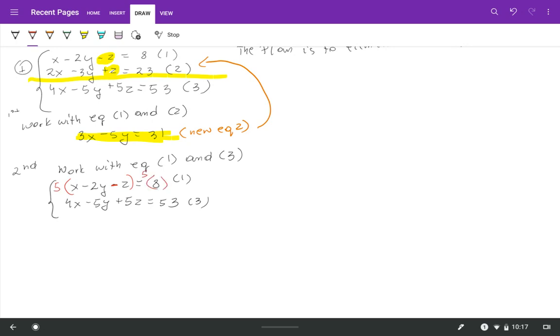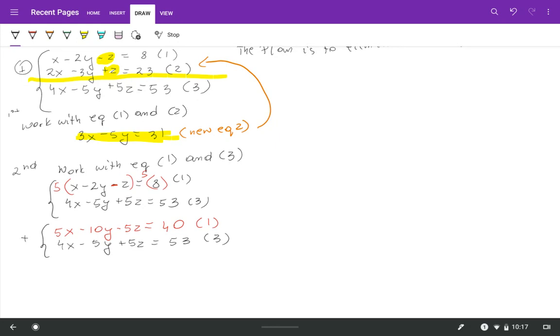So we'll end up with 5x minus 10y minus 5z equals 40. This is equation 1. Equation 3, 4x minus 5y plus 5z equals 53.